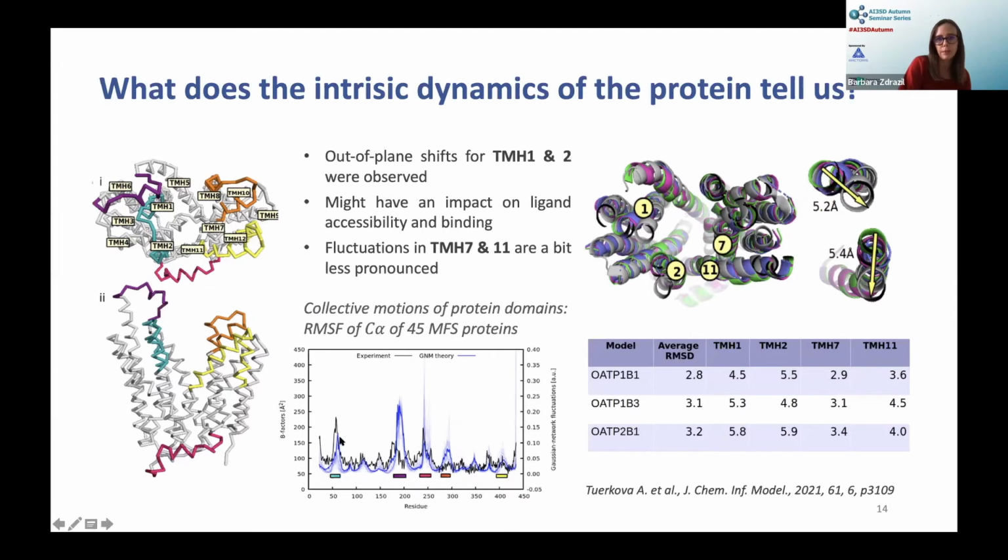You see the root mean square fluctuations here in blue, overlaid for all the 45 proteins, and basically the fluctuations are the same. So it seems that always the same transmembrane helices are moving, and we have color coded them here on the left-hand side. We actually saw the largest fluctuations in transmembrane helix 1 and 2, which is here in this greenish color, but then also a little bit in TM7 and 11.